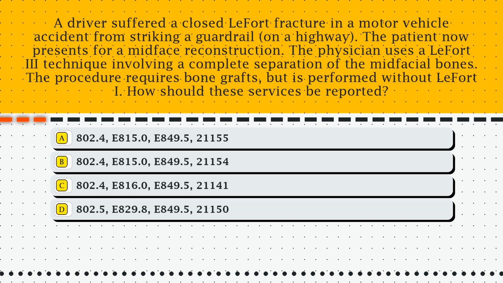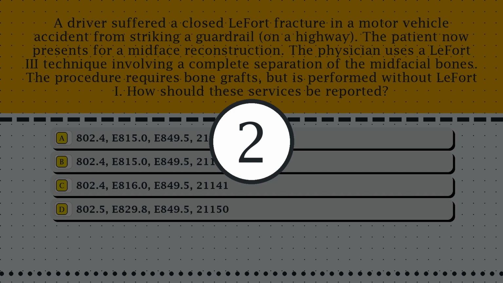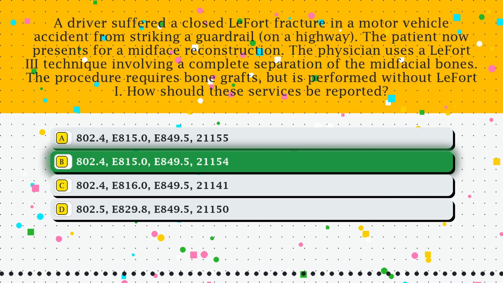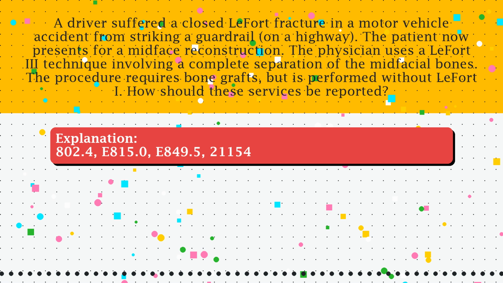Option D, 802.5, E829.8, E849.5, 21,150. The correct answer is option B, 802.4, E815.0, E849.5, 21,154.